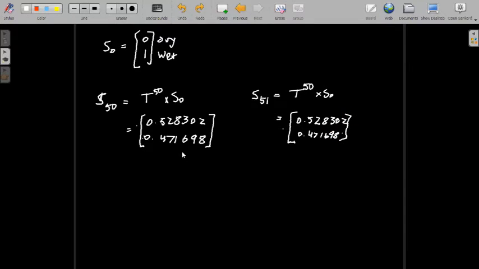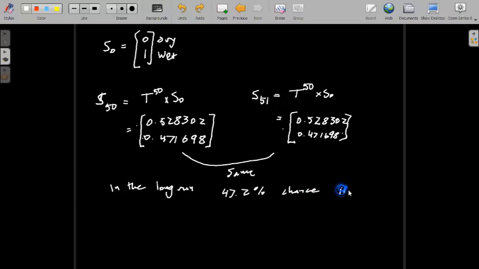Okay, and because they're both the same, we can say that that's our steady state matrix, which means in the long run, there's a 47.2% chance it will be a wet day.